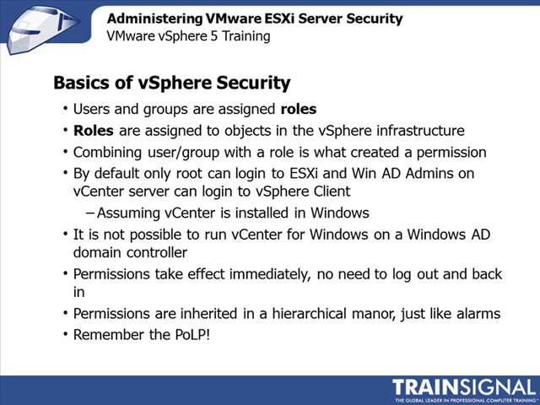Remember, back to my security days when I was studying for my CISSP, remember the principle of least privilege. That's what the POLP stands for. In security, the principle of least privilege means that you shouldn't assign anyone access to something that they don't absolutely need access to. In other words, if all they need is to power on and off or reset a virtual machine, then you should just assign them those privileges at that particular level.